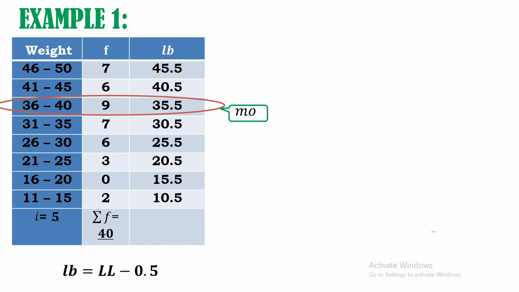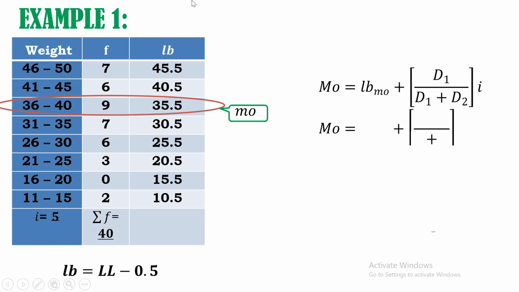Now, since we've found the modal class, we're ready to calculate the mode. Using the formula, MO is equal to LB sub MO plus D sub 1 over D sub 1 plus D sub 2 times the class size. By substitution, the lower boundary of the modal class is 35.5. It's here.